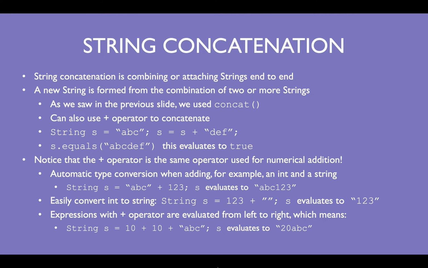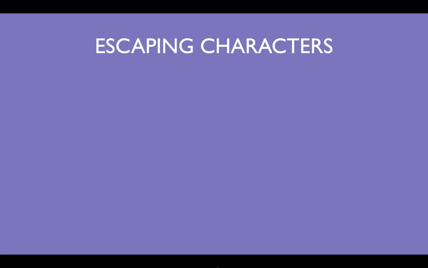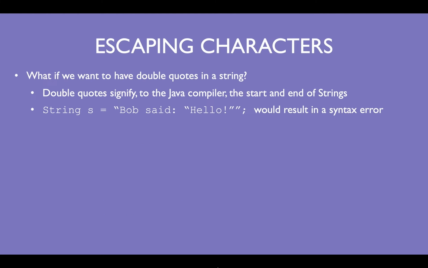As you know, when creating a string, the entire sequence that you want to be a string must be enclosed in double quotes. But what if we want to have double quotes within that string? So double quotes signify to the Java compiler the start and end of strings.